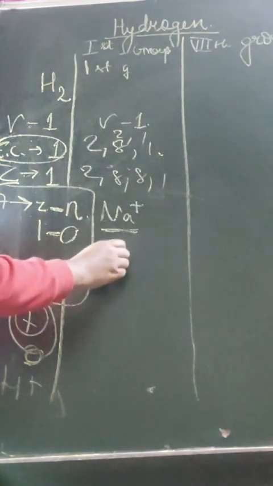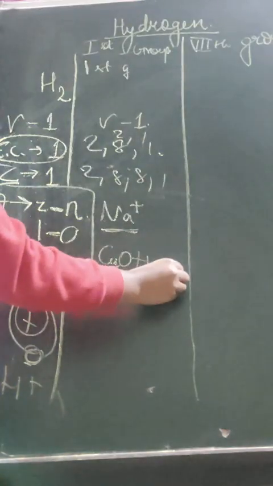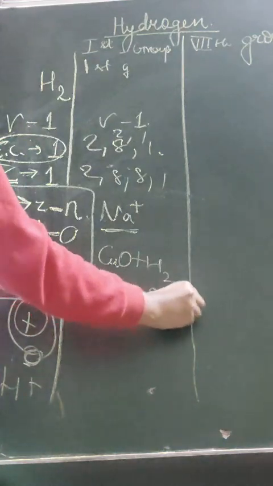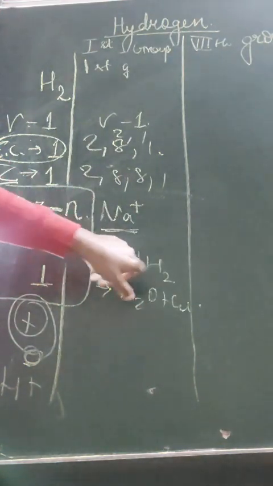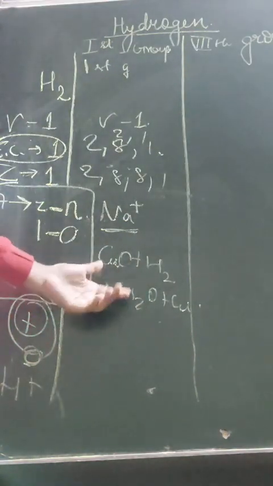For example, CuO plus H2 gives Cu plus H2O. So this hydrogen has reduced copper oxide and formed water.